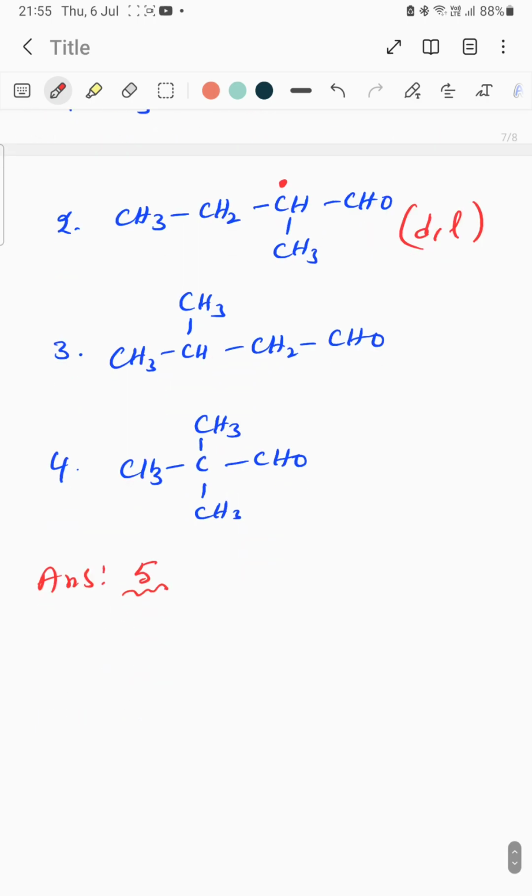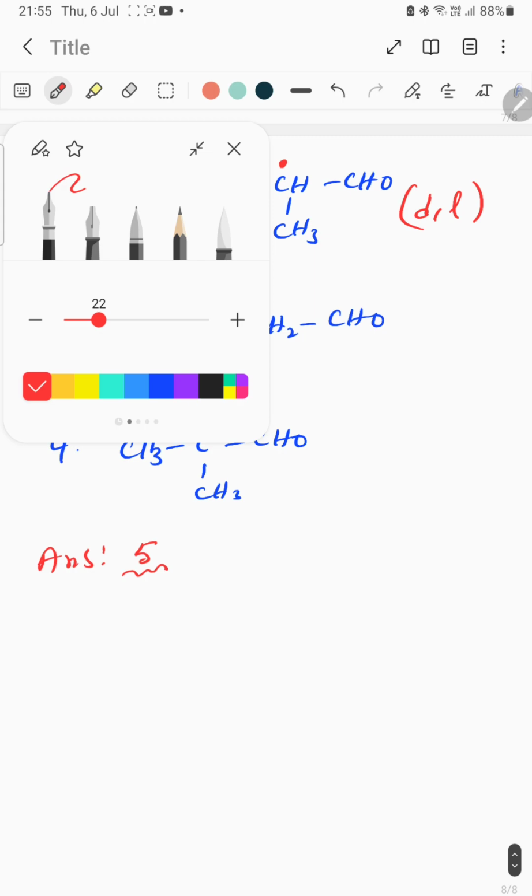Next, question number 30. How many different ketone isomers, including stereo, for C6H12O? He is asking right now for ketones.